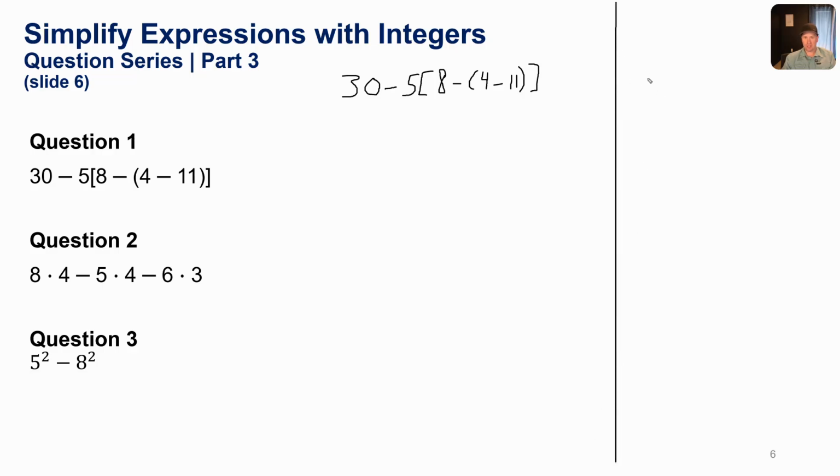The order of operations I prefer to use, although it is a little different in the textbook. In the textbook it says PEMDAS, which is actually more commonly used, or at least was at one point when I was going through school. Now math educators usually use this order of operations called GEMMA, where G really is part of the parentheses, but the reason we use G is for grouping.